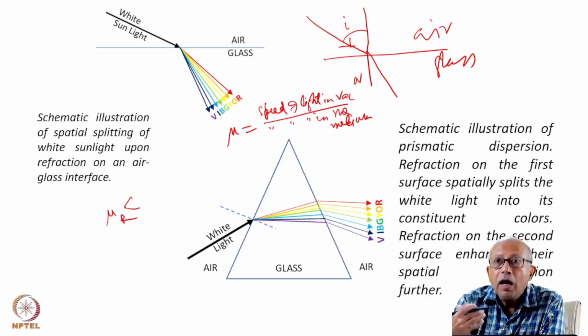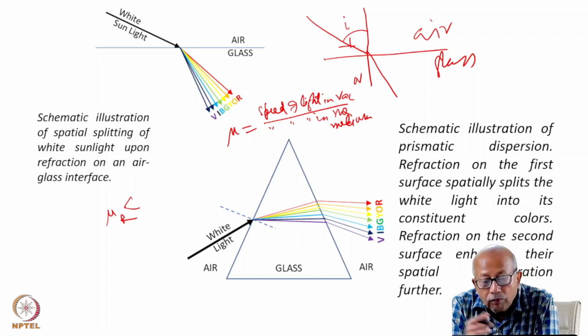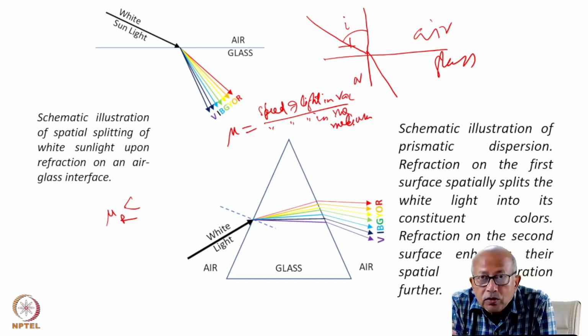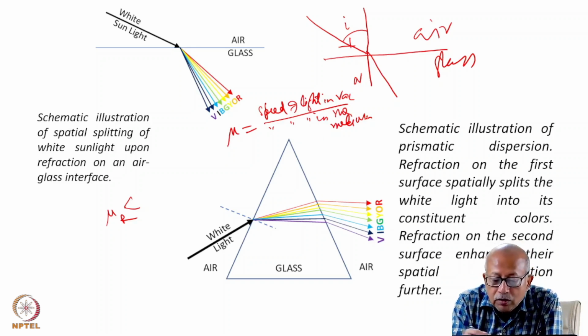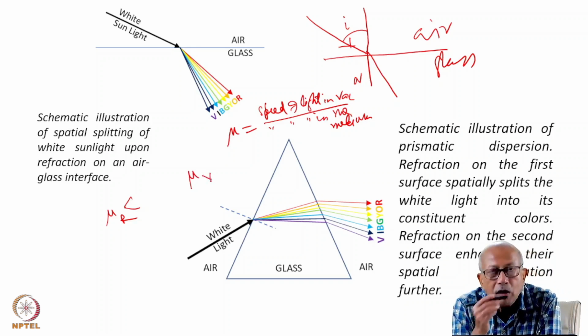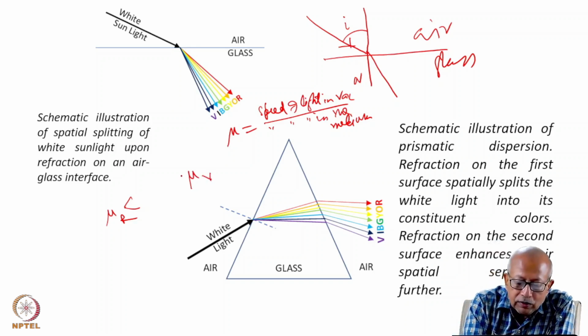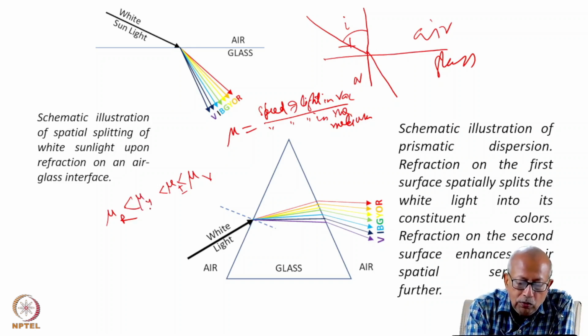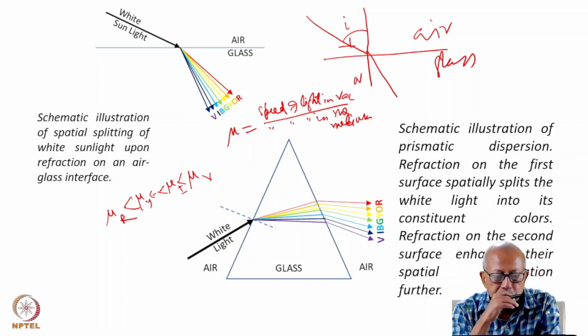And which is the largest? Violet, because its speed is the slowest, so mu violet is the largest. All other colors, like mu indigo, mu yellow, and so on, lie in between.